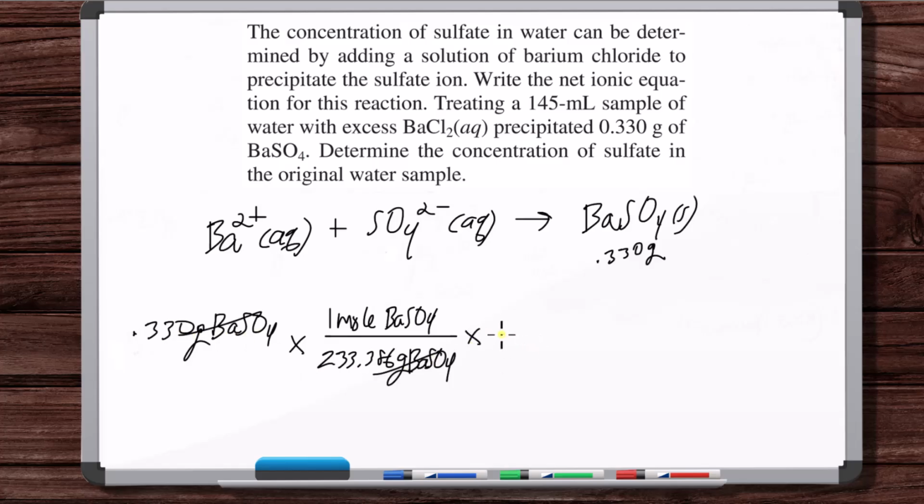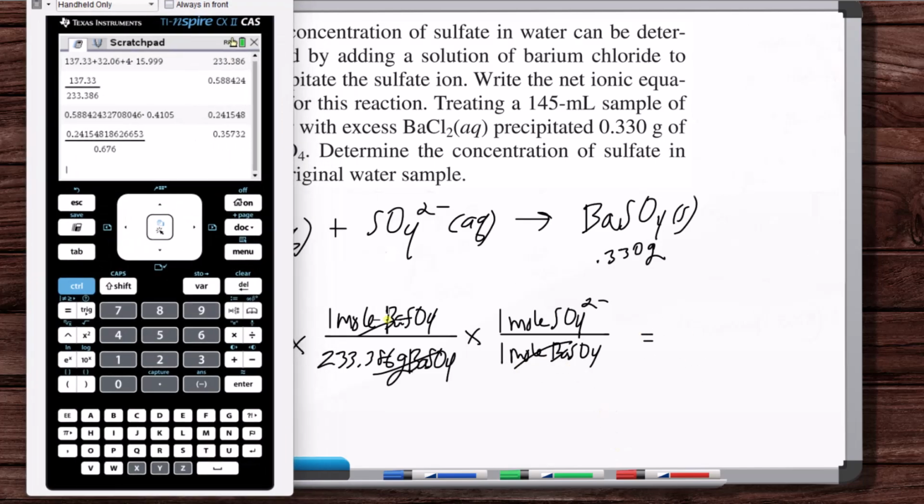Now we can use stoichiometric equivalencies, which state that for every 1 mole of barium sulfate produced, 1 mole of SO4 2- was consumed. And so there you go. Now that's the number of moles of sulfate consumed.